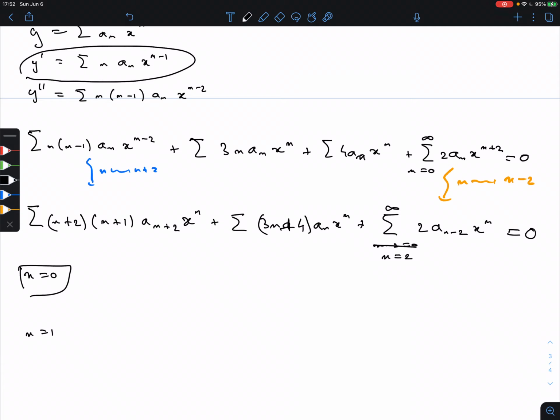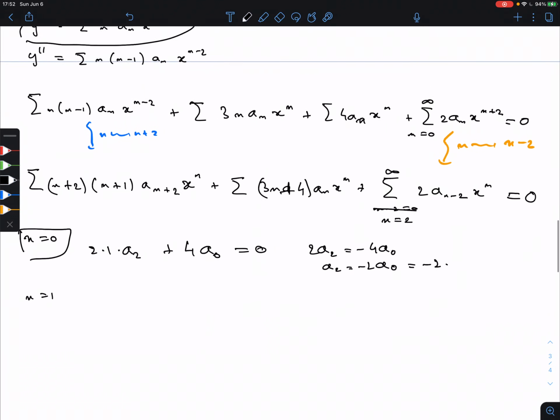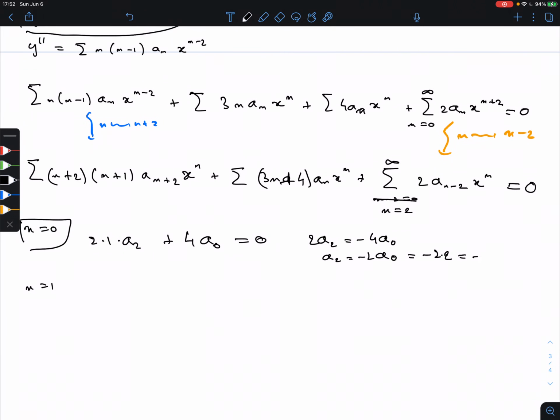So n equals 0, this would be 2 times 1 times a2 plus 0 plus 4 times a0, and this is equal to 0. Notice that from this we can calculate a2. So 2 times a2 equals minus 4 times a0. This means that a2 is equal to minus 2 times a0, and that was, if I'm not mistaken, 2, so this is actually negative 4.